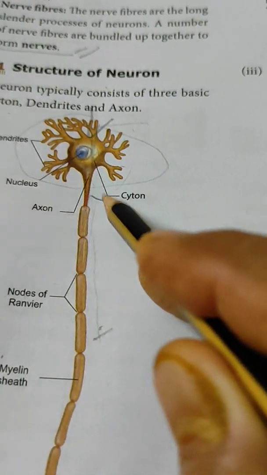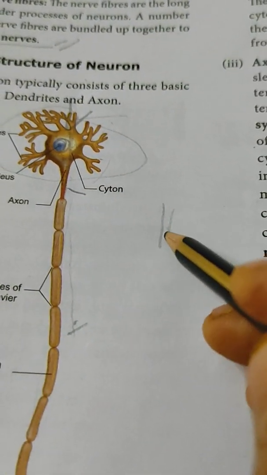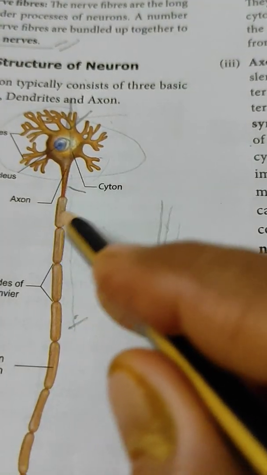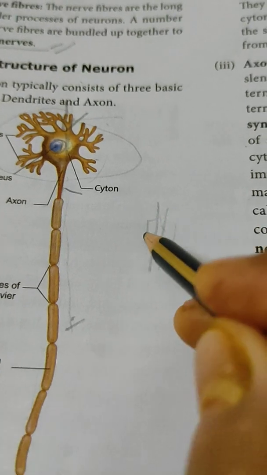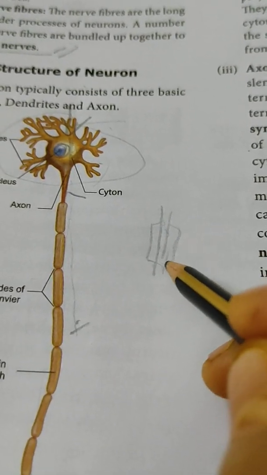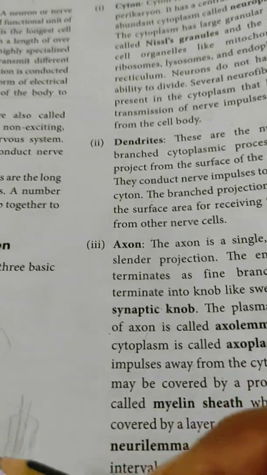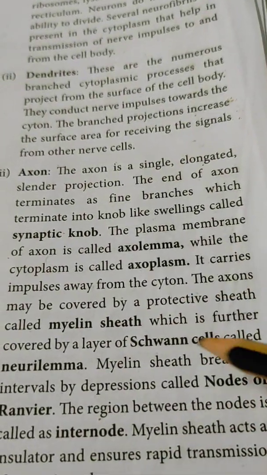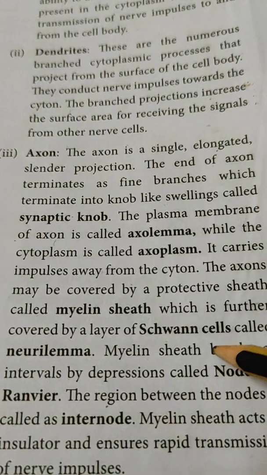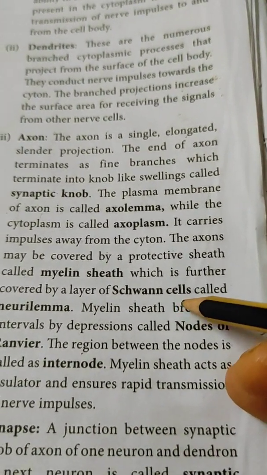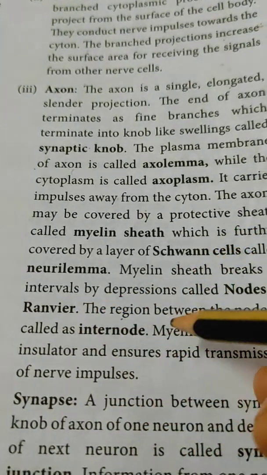This is the axon, and it is arising here. It is covered by whatever we can see, these coverings. So the axon is covered by the myelin sheath, which is further covered by the Schwann cells, called the neurilemma.